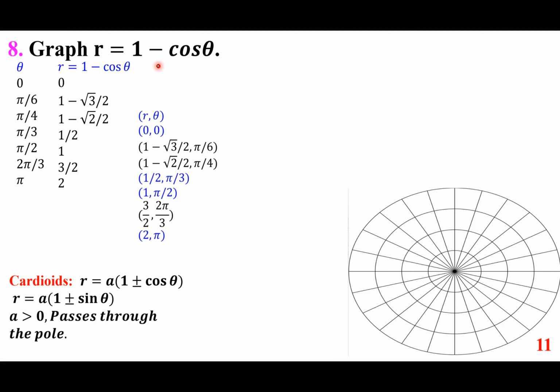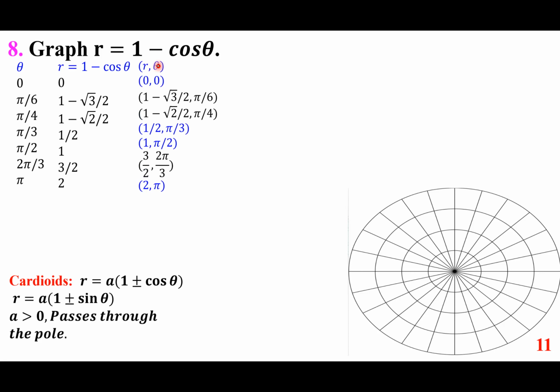So let's write the pairs. Zero, 0. You start with theta, remember that. Pi over 6, and 1 minus square root of 3 over 2.